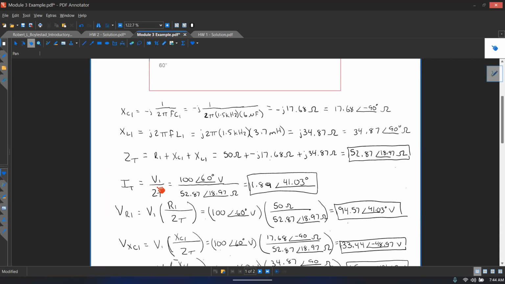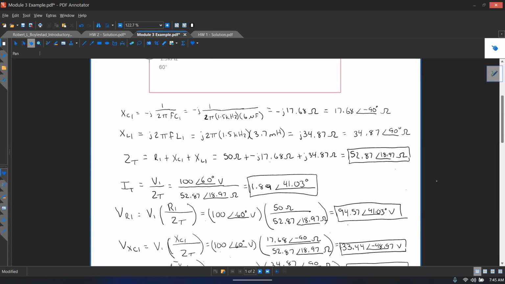And so by plugging and chugging, you get 100 with a phase angle of 60 degrees divided by your total impedance, which is 52.87 with an angle of 18.97. And that equals 1.89 with an angle of 41.03 degrees. All right, so so far we found our total impedance, we found our total current.